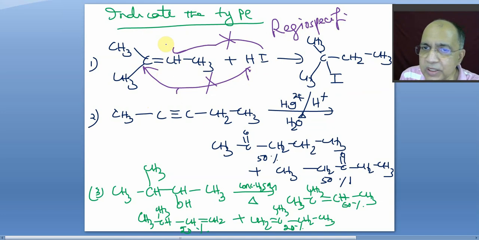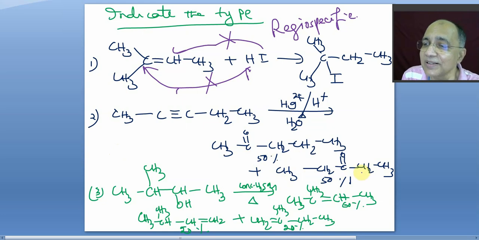Had there been two products, here maybe 5% or 2% of the other product, then I would have used the term regioselective. And what about this? This pentyne, added with water in presence of mercuric salt in acetic medium, gives a 50-50 mixture of pentan-2-one and pentan-3-one. So in this case, what name will you give out of the four: regioselective, regiospecific, stereoselective, stereospecific?